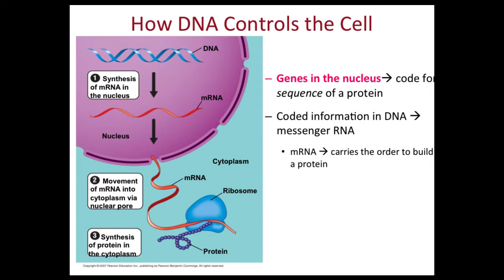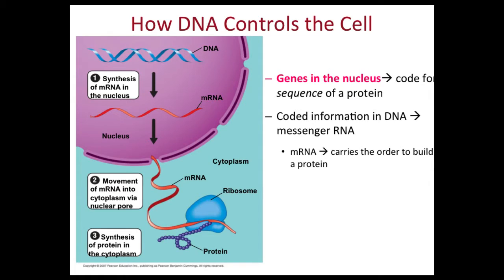How is it that DNA controls the cell? Now remember, we're going to talk about this in great detail a little bit later in the semester, but for now, do note that it's all about genes contained in our DNA. These genes code for sequences of a protein, and these proteins are what give us our traits.